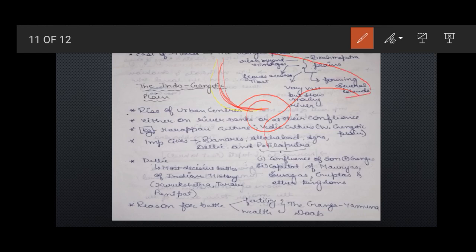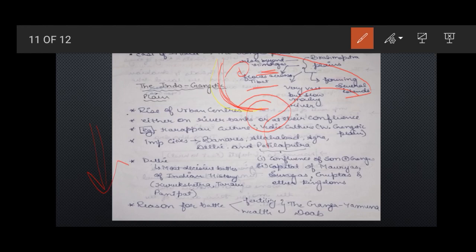Now, a few facts about the Brahmaputra river: I have already told you that it rises beyond the Himalayas, in Tibet, and it flows across Tibet. Here I want to ask you one thing: if any of you know the Tibetan name of the Brahmaputra, or what the Brahmaputra river is known as in Tibet, kindly write it down below in the comment section. Those of you who don't know, please find it out for your knowledge.